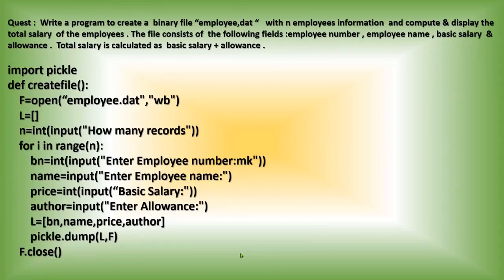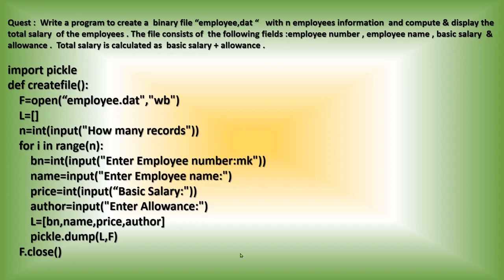Here the question is, file name, binary file is employee.dat. Within that file you have to accept n employees information, and you have to calculate total salary of each employee, and that must be displayed onto the screen.